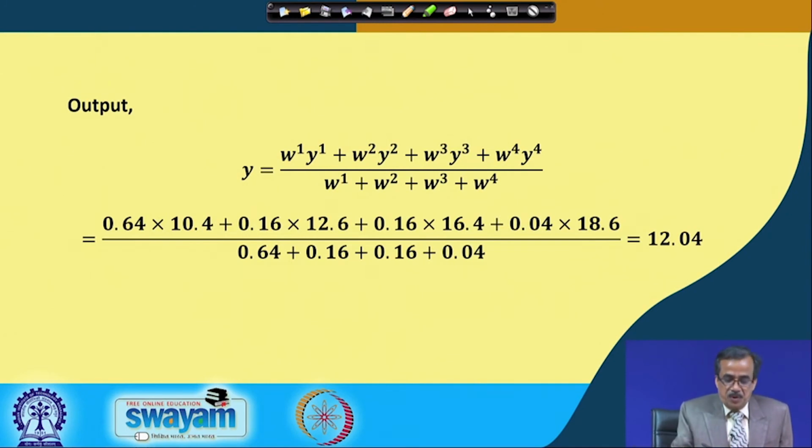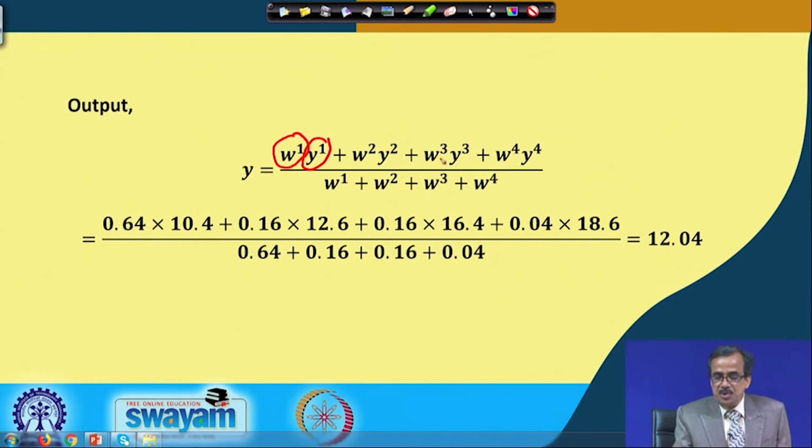Now, this output is W 1 multiplied by y 1, where W 1 is the weight of the first fired rule and y 1 is the output of the first fired rule, plus W 2 multiplied by y 2 plus W 3 multiplied by y 3 plus W 4 multiplied by y 4, divided by W 1 plus W 2 plus W 3 plus W 4.